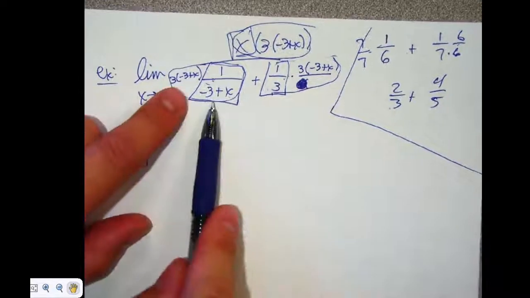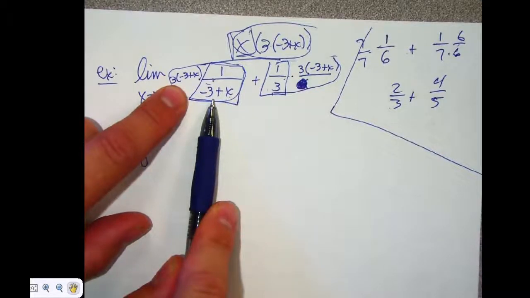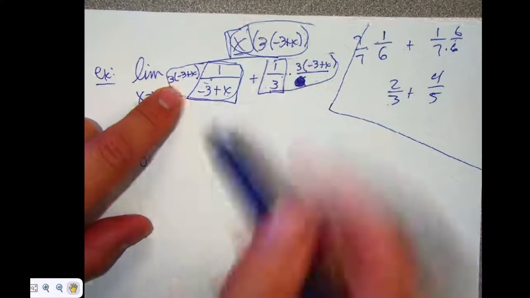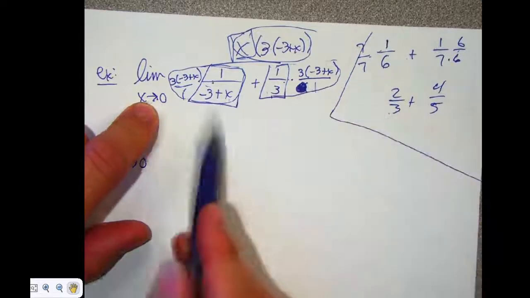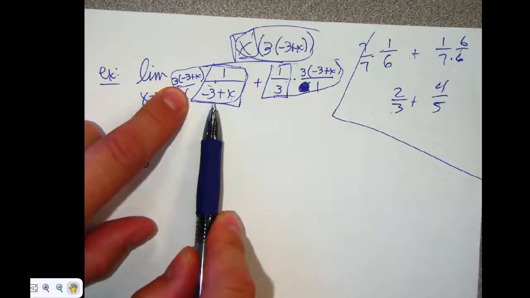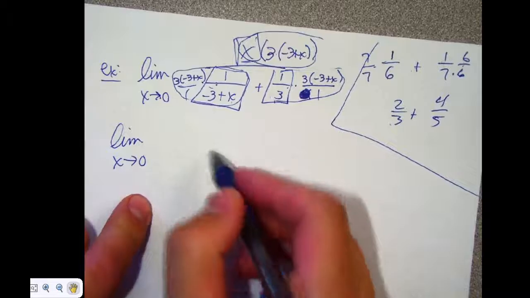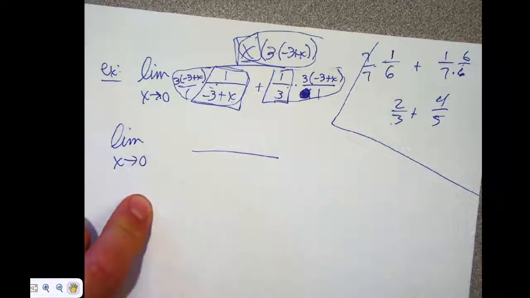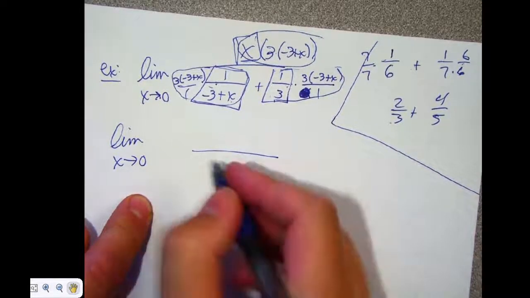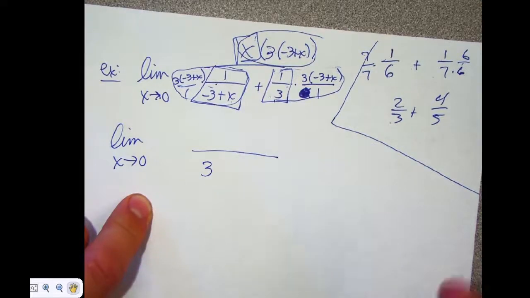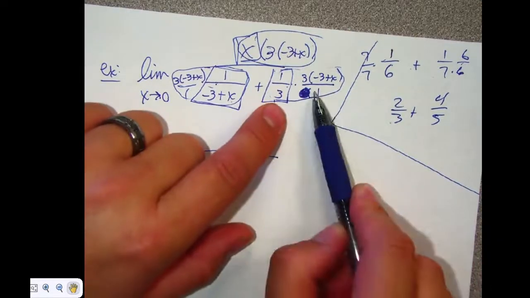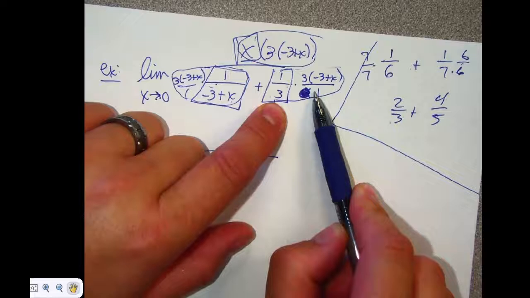So in this part here, what cancels? This is like over 1. Doesn't the negative 3 plus x cancel? So what's left? Not 1. The 3, right? Over here, don't the 3's cancel?